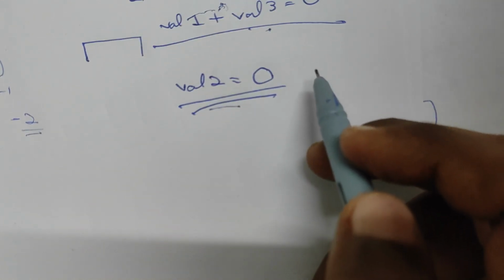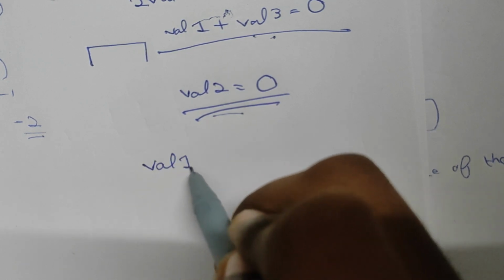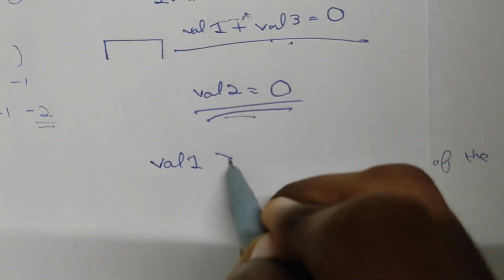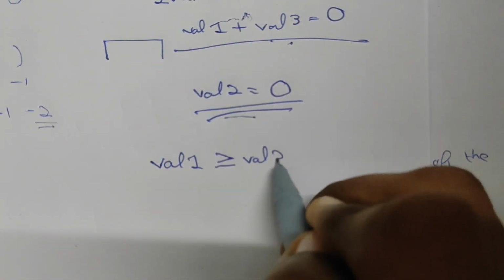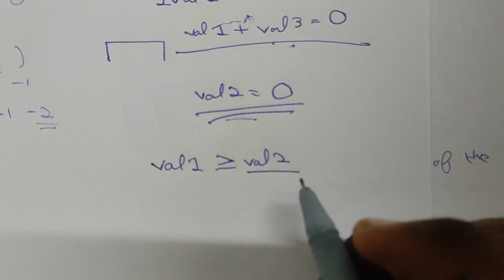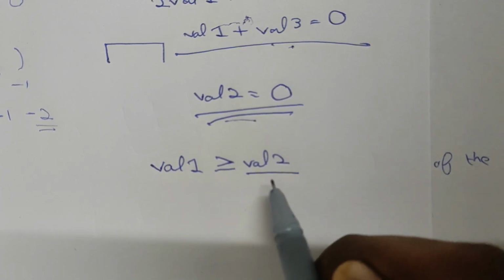The other condition to satisfy is that we know that value 1 is the value of the bracket sequence before the substring. Value 1 should be greater than or equal to value 2. Value 2 is the value of the substring that we chose, right?